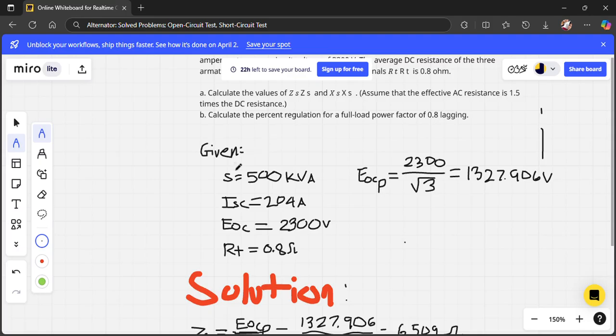Now B says to calculate the percent regulation for a full load power factor of 0.8 lagging. Okay, first it says lagging.